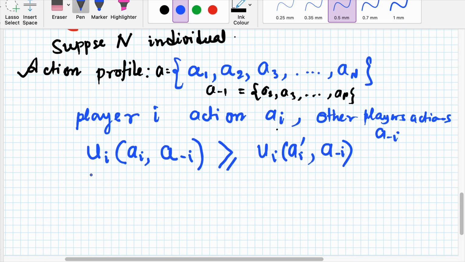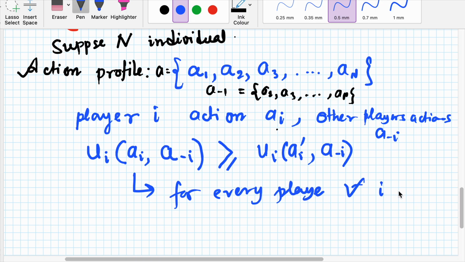So in a sense we are asking, is there any such profile where this is true for every player, that means for all i belonging to n.